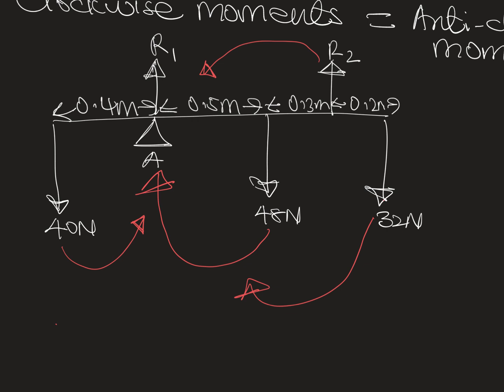All right, so let's label what is the clockwise and the anti-clockwise moment. If I have something that looks like this, it is clockwise. If I have something that looks like this, it is anti-clockwise. All right, so therefore this is clockwise.